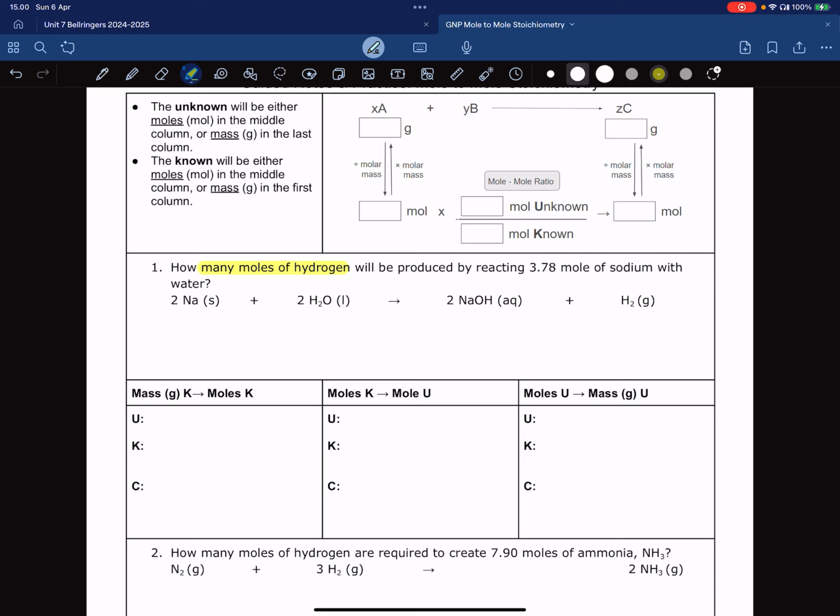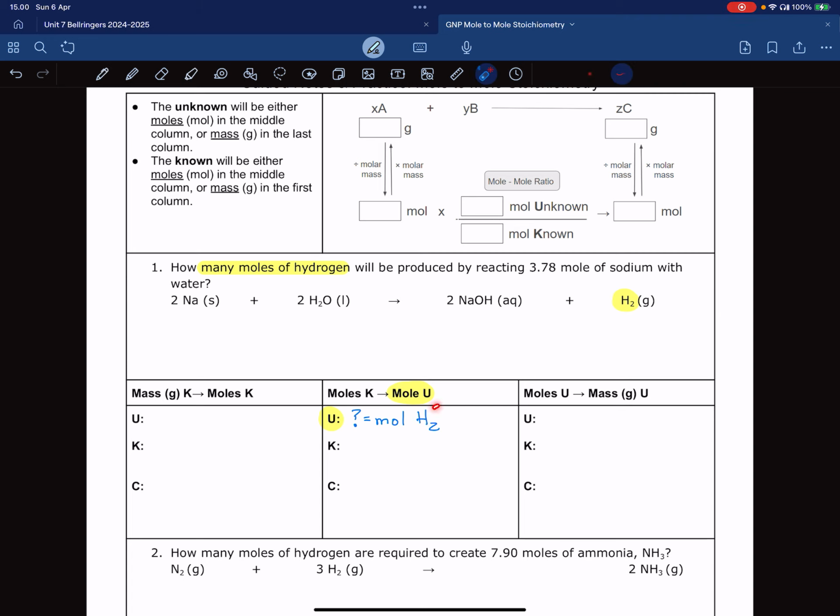So moles of hydrogen is our unknown, and this is where we're going to be, moles right in the middle.